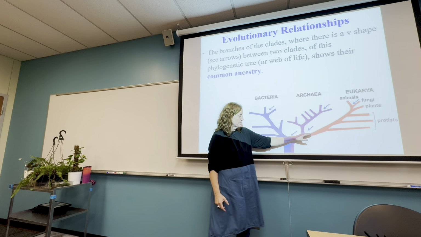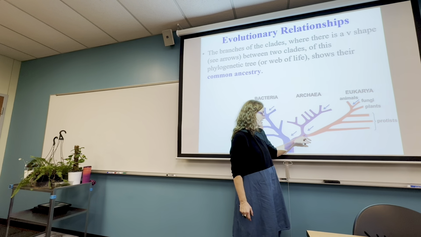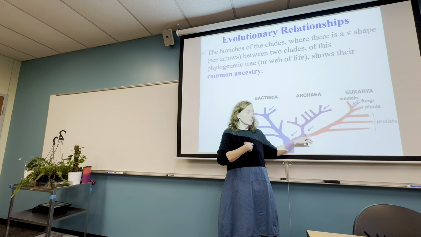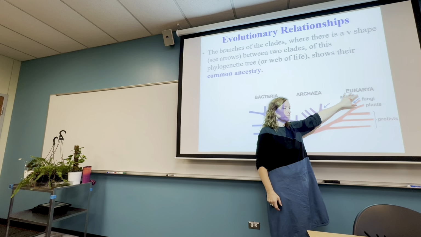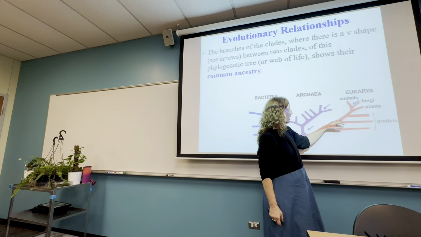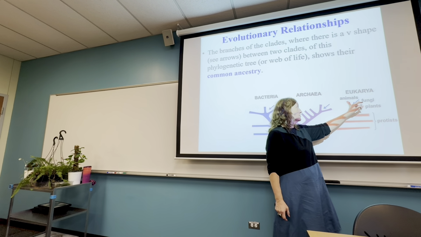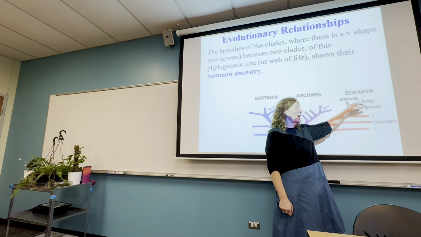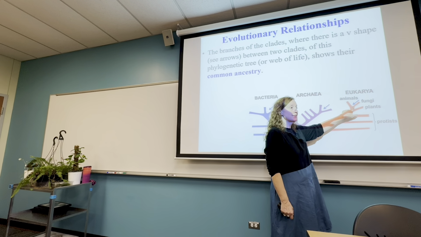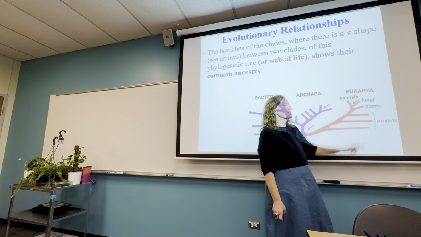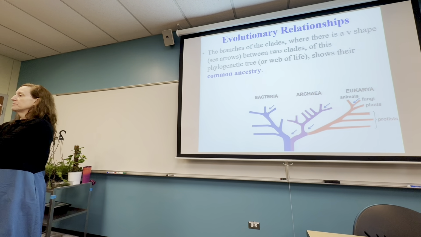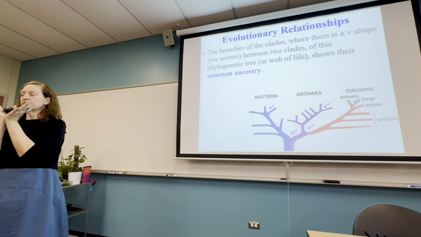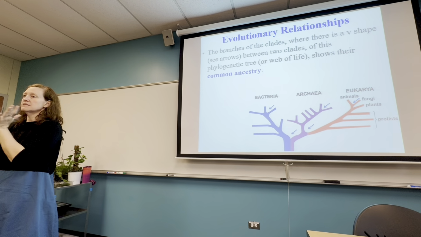With the archaea group, we have a common ancestor here, us, we have a common ancestor with the archaea that makes our larger eukarya domain. And then if we follow this along to which kingdom we belong to, Animalia, we're an animal, and we have a common ancestor with the fungi. So everywhere that you see that branching, it indicates that there's common ancestry, or a direct evolutionary relationship between different taxon or groups.